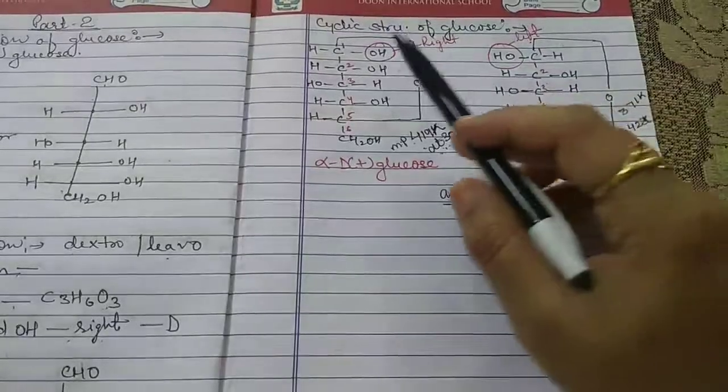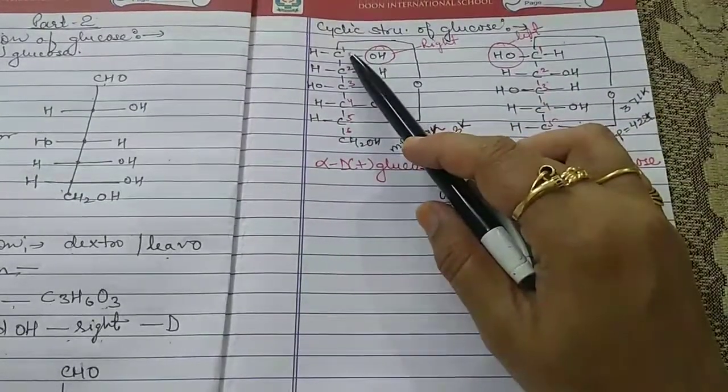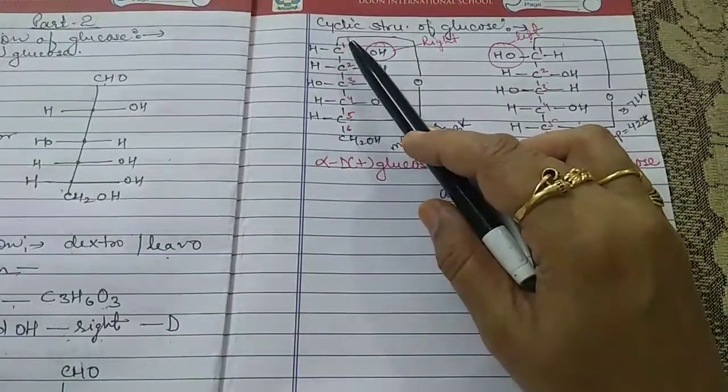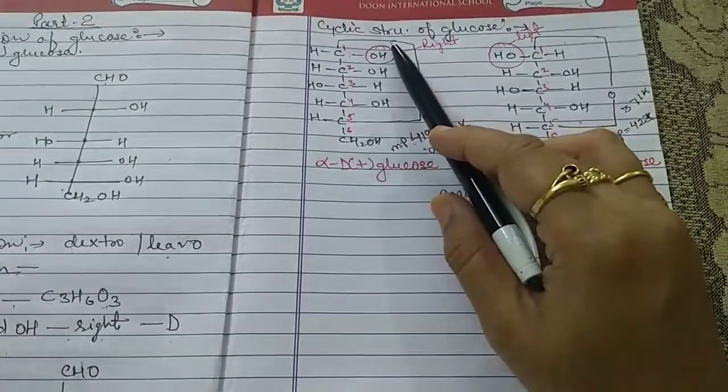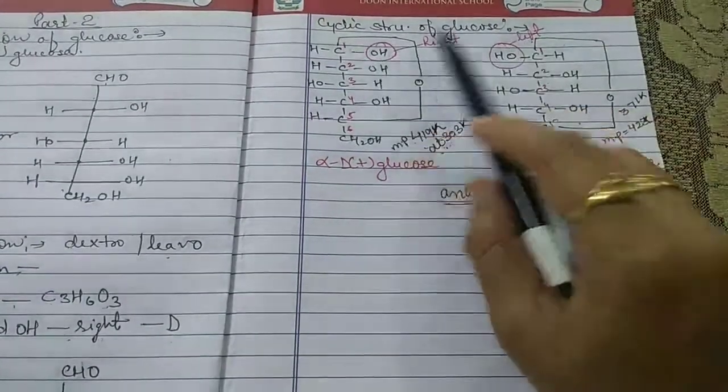The C1 carbon atom is called the anomeric or glycosidic carbon atom in both cases.